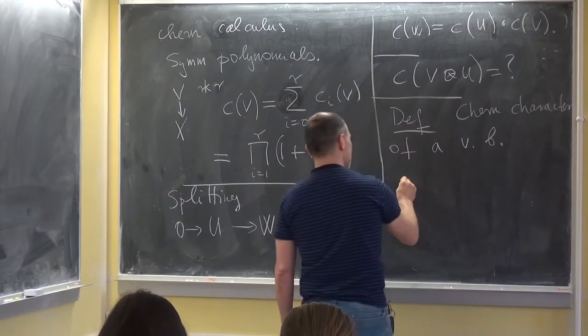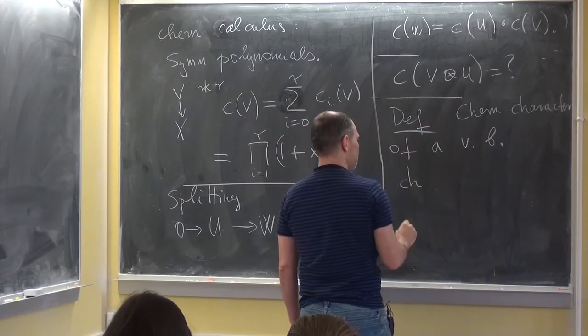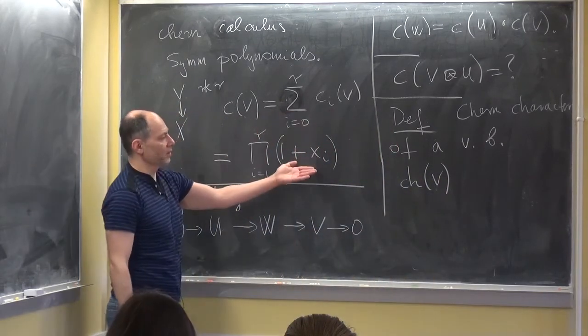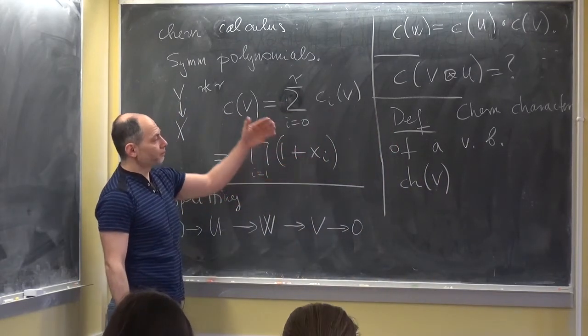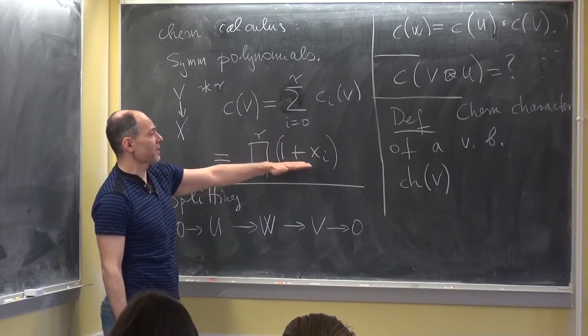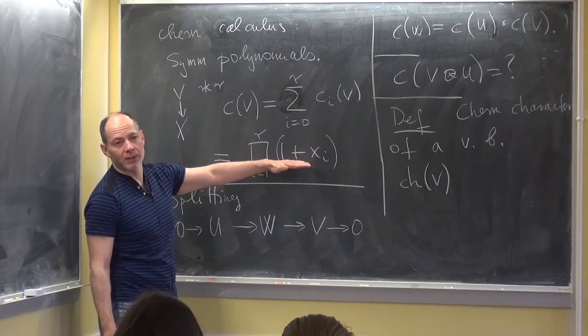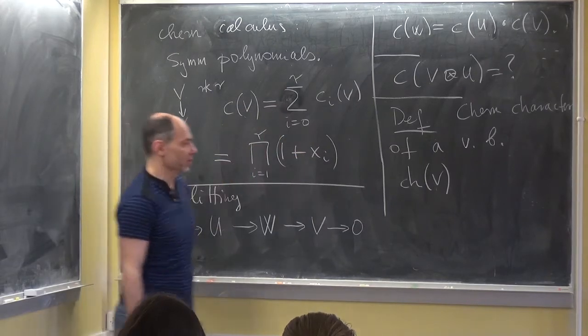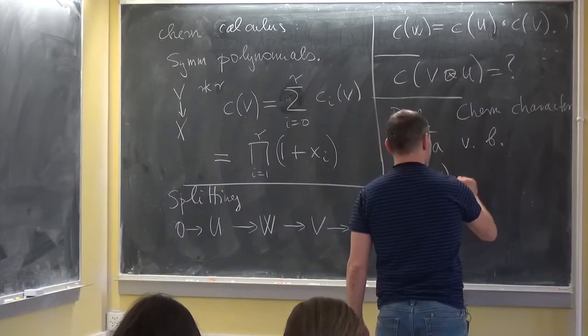You take the Chern character of the vector bundle, and now I just need to give you another symmetric polynomial. Of course, I say it's a symmetric polynomial, but we really think of this as a generating function of homogeneous symmetric polynomials. And so this is the way we'll think of this as well.